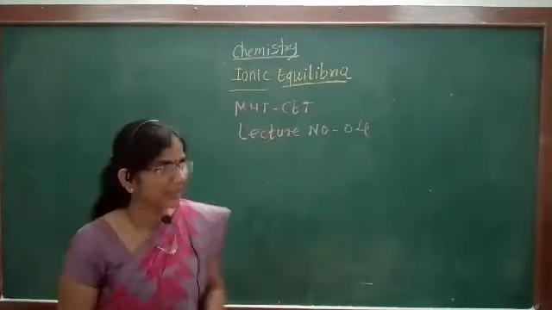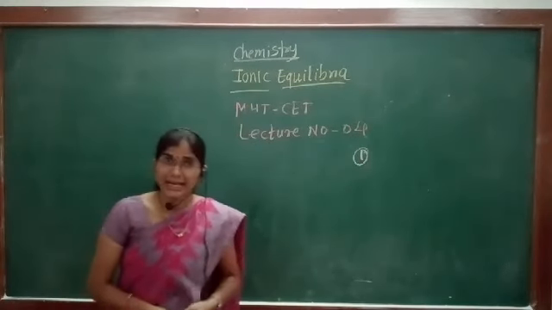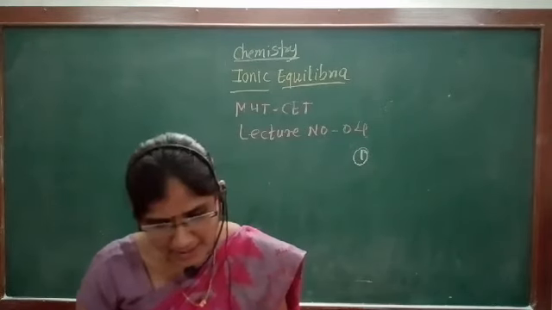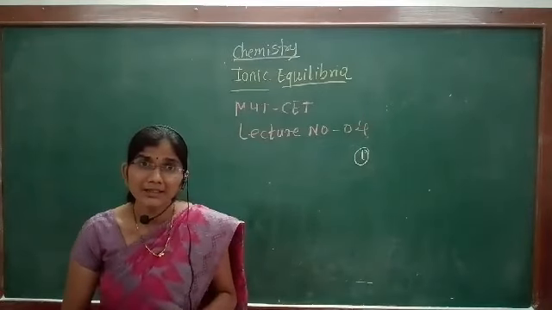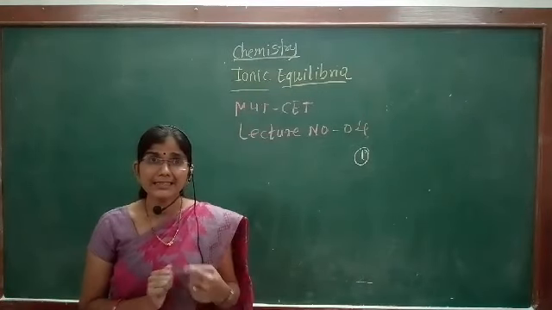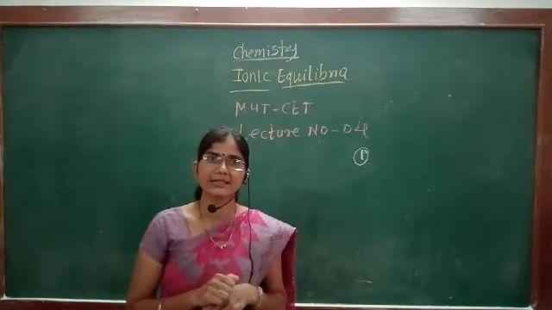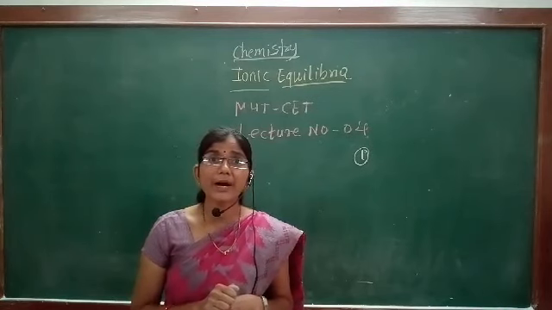Here we have to calculate the pH of that solution, and the pH of that solution is greater than 1. Why is it greater than 1? Because acetic acid is a weak acid. It dissociates partially.